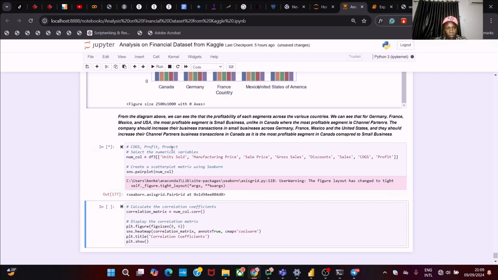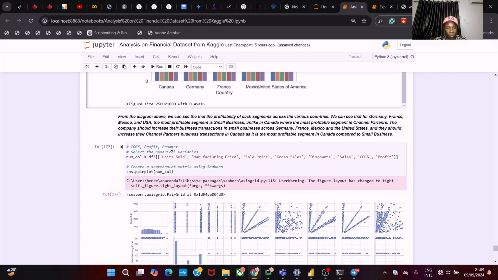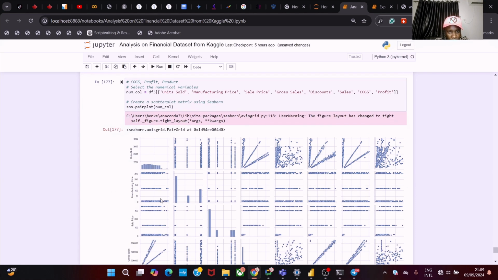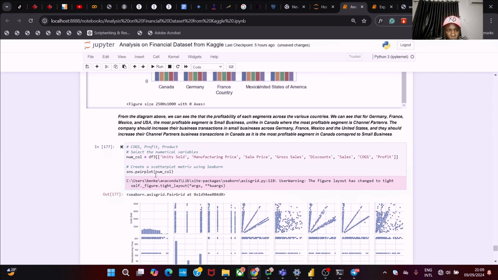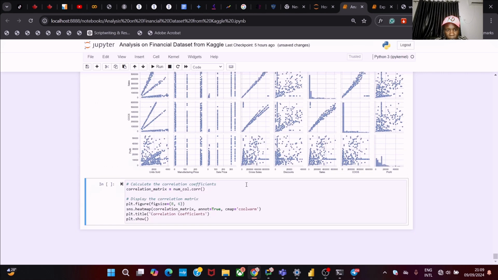Okay. So this is a pair plot showing cost of goods sold, profits, and products across all the numerical variables.